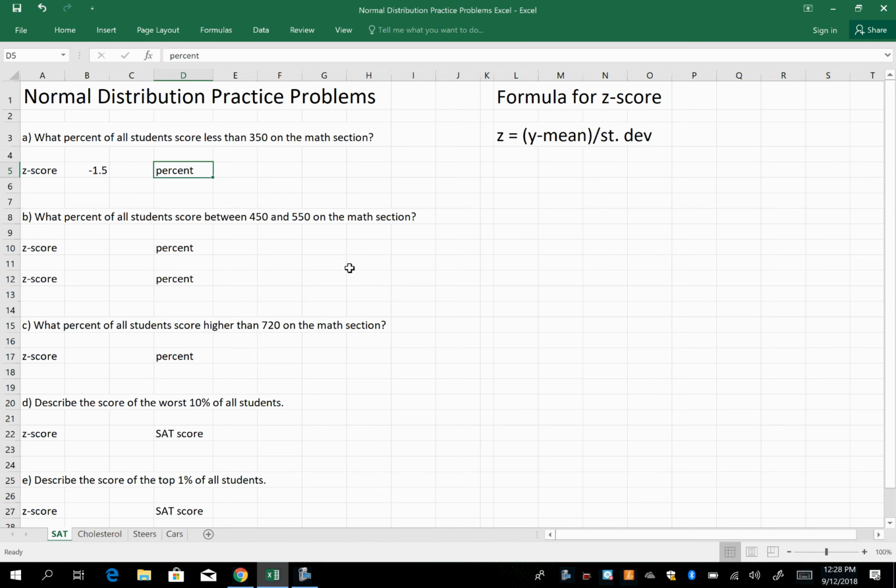Great. We're not done. It says what percent of the students taking the SAT do we expect to score less than 350? So if I draw the curve for a normal model, our normal bell curve, where is negative 1.5?